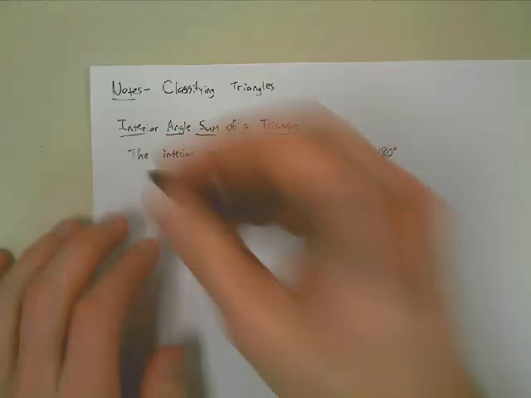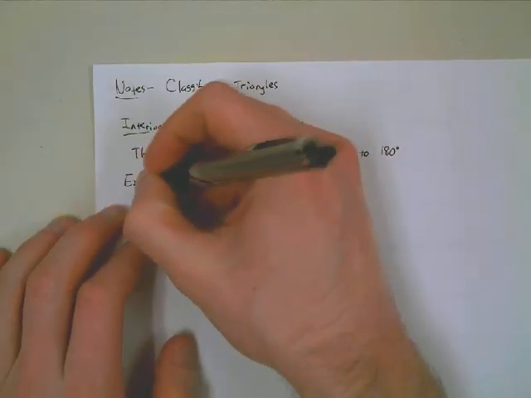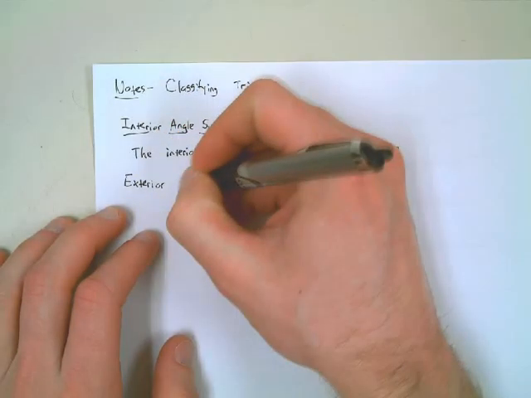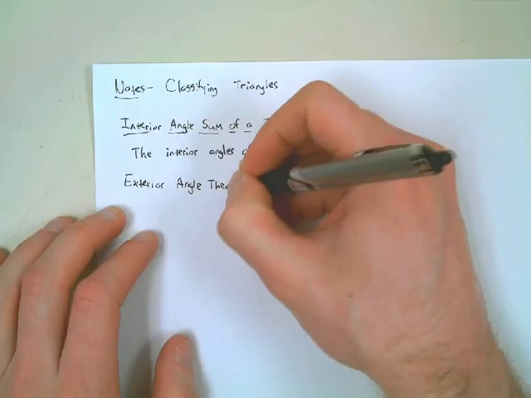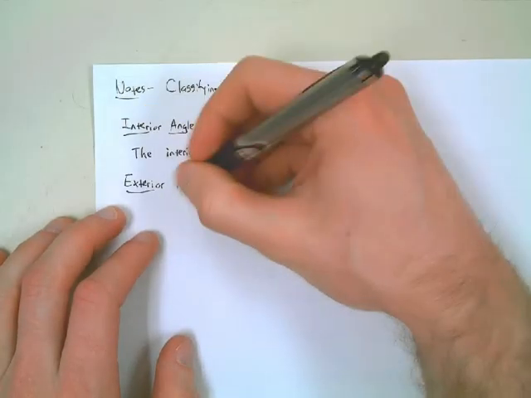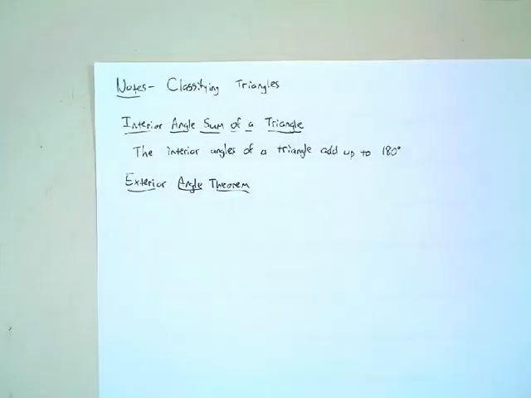Don't forget also the exterior angle theorem. This is one of the ones we talked about. I know we were kind of reviewing this, something we've already seen, but I want to have it written down again.